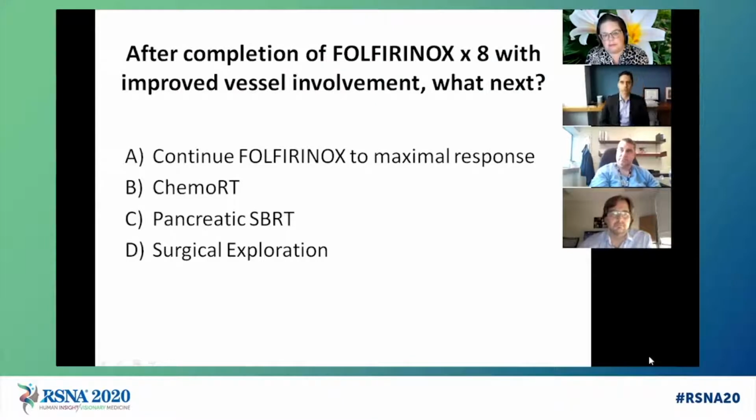So what do you guys typically do at your institutions? Do you do 4 months, 6 months standardly, or you just assess the whole picture and take it case by case? We shoot for 6 months, but recognize that many patients after 4 months really need a break from FOLFIRINOX. But I would say if the person is doing perfectly well, we would try to get all 6 months in.